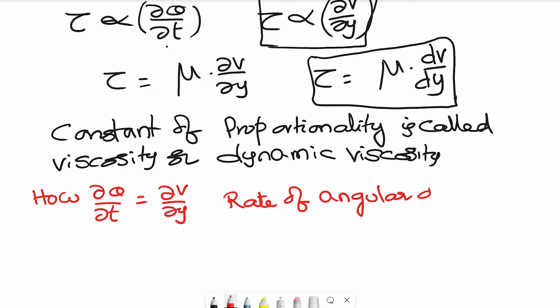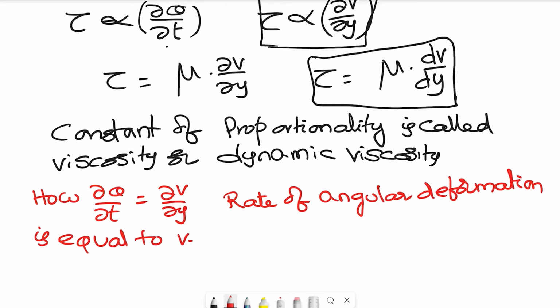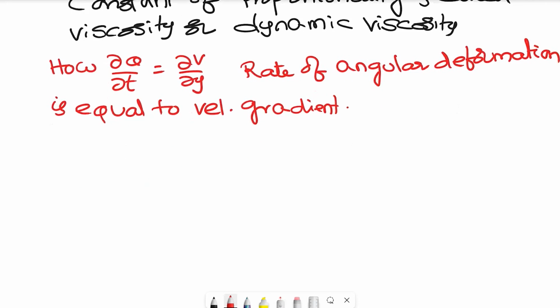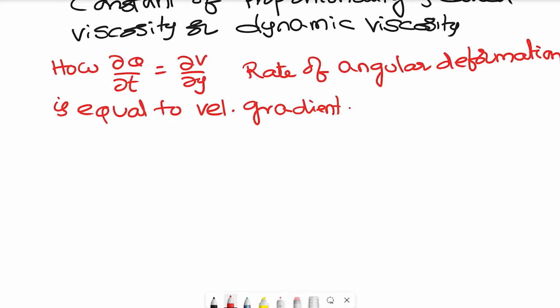Rate of angular deformation is equal to velocity gradient. Suppose I take the space between two parallel plates.